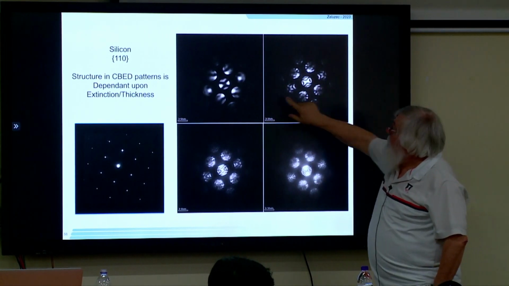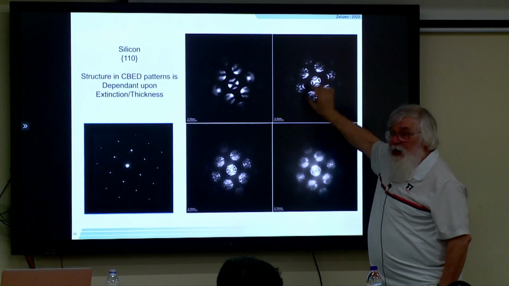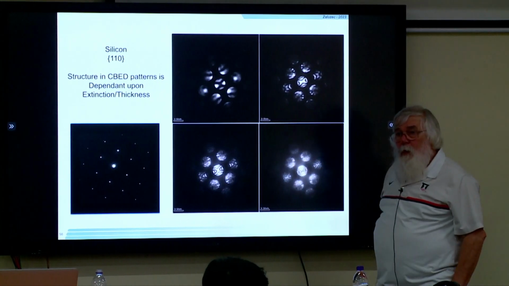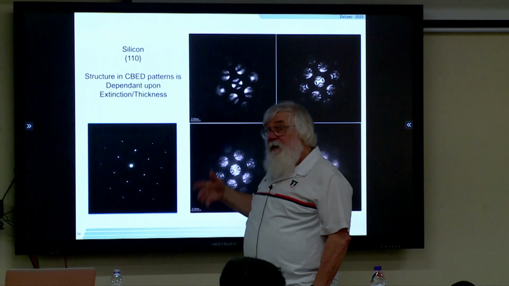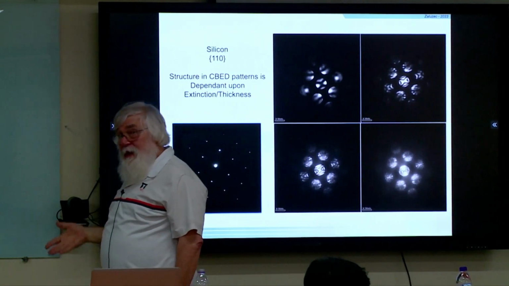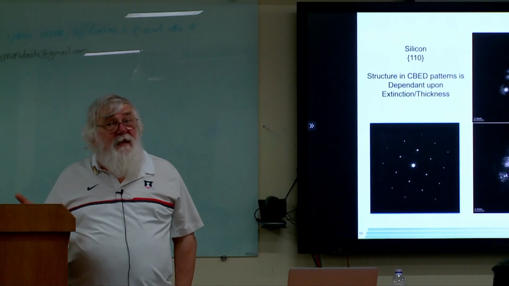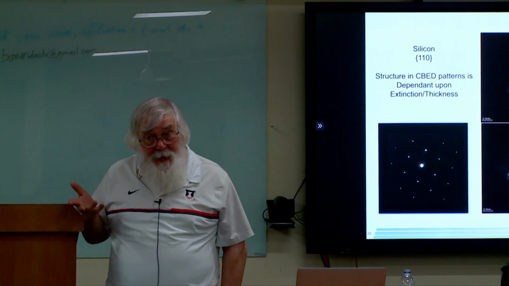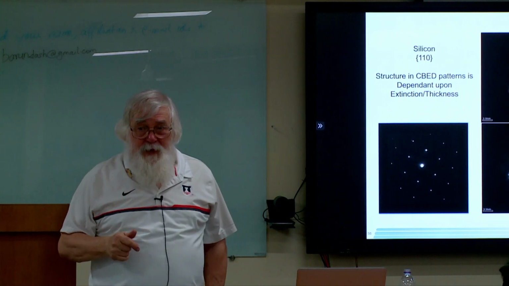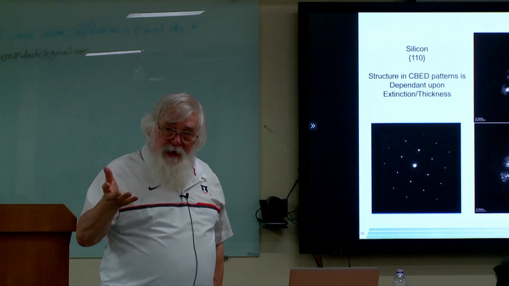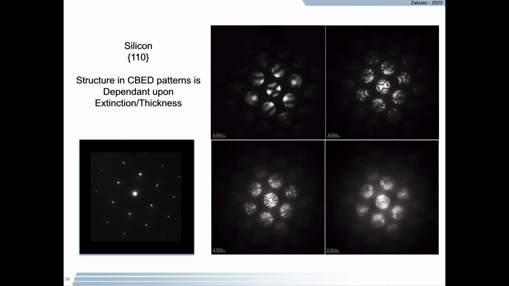You see the structure of this changing? What does that tell you? If I know that periodic change and I can measure it, I can measure the thickness of my sample. That's the power of convergent beam diffraction. Not only do I get the d-spacing, I can also measure the thickness of the sample.